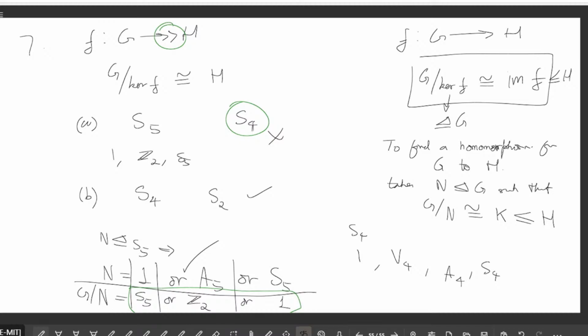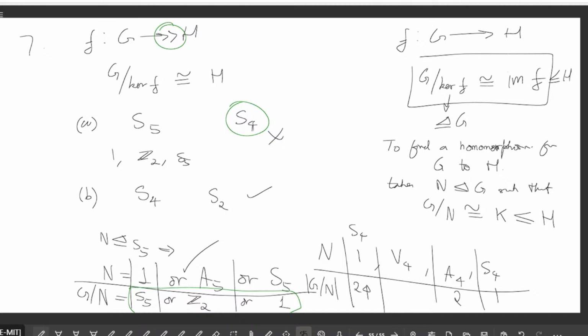These are the normal subgroups of S4. So let's just write the order of the quotient. You don't need to know the exact group because the question is simple. So the order of the quotient is going to be either the order of S4, which is 24, or in this case order is 1, in this case order is 2.